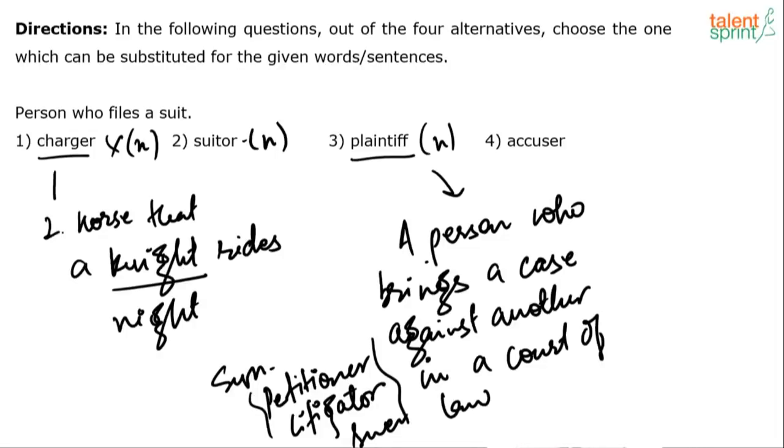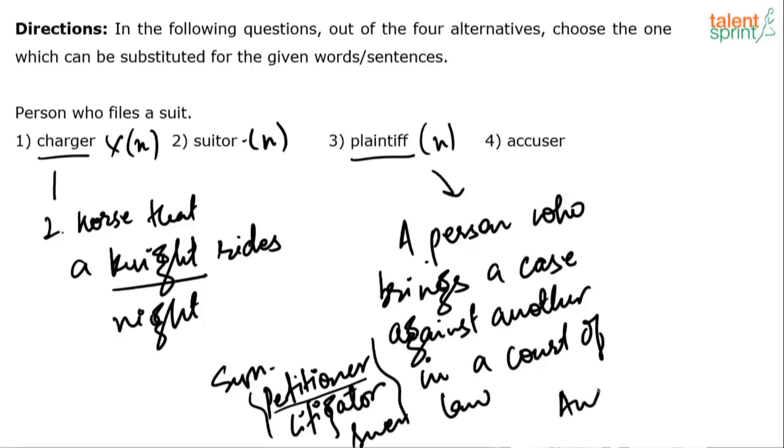Now, who's a petitioner? Let's talk about what a petition is. A petition is a formal written request, typically signed by everyone, appealing to the authority for a certain cause. And a petitioner is someone who files the petition.